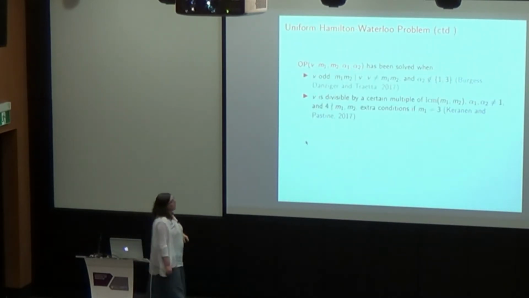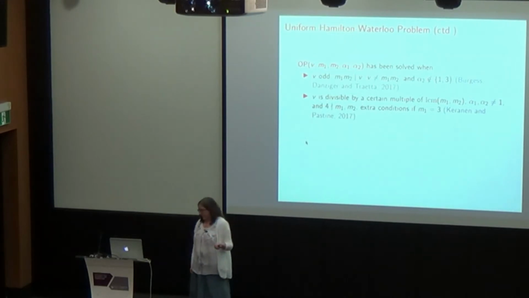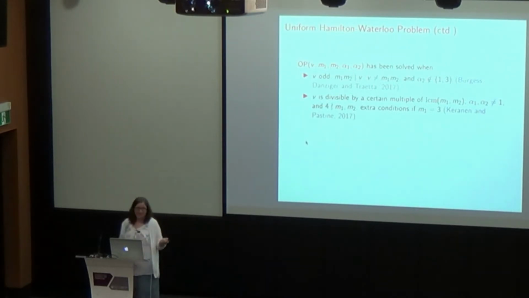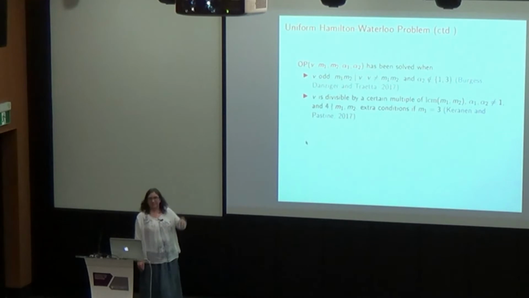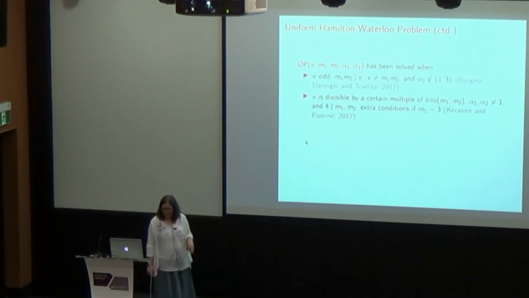So we've also done a lot of work on this problem lately, and if you've heard me give a talk at a conference in the past couple of years, there's probably a good chance I was talking about the Hamilton-Waterloo problem. We started looking at the case where our number of vertices is odd and is divisible by the product of the 2 cycle lengths.